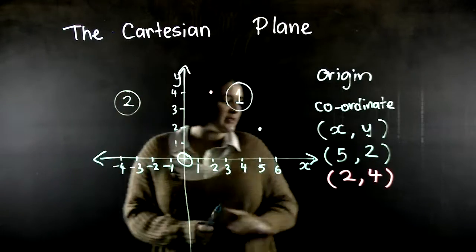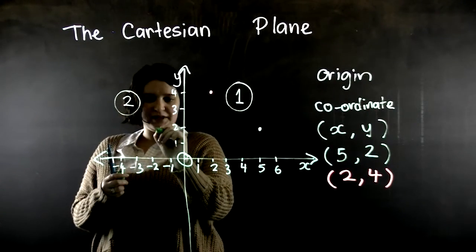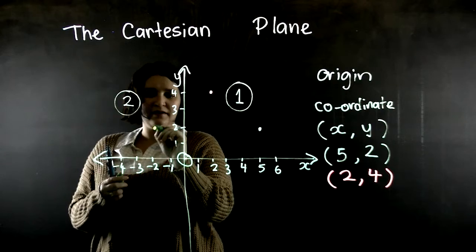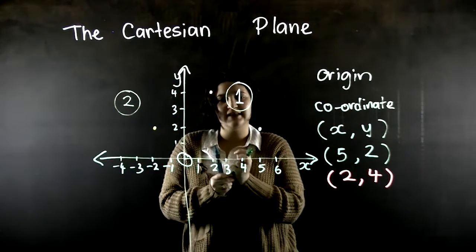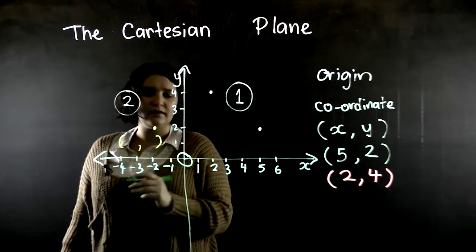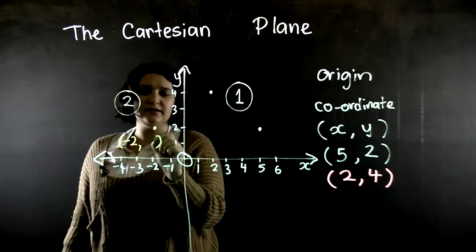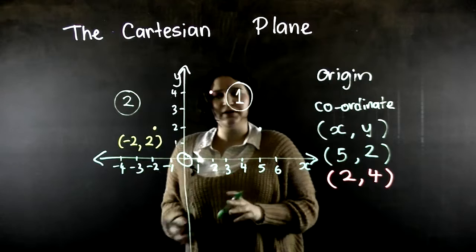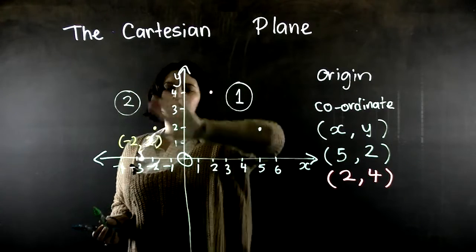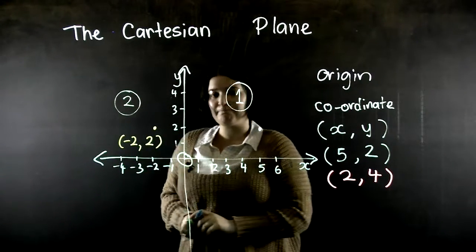And I might have a coordinate, this one here, in the second quadrant. The x coordinate is now -2, and y is +2. So all of the points in the second quadrant have a negative x component and a positive y component.